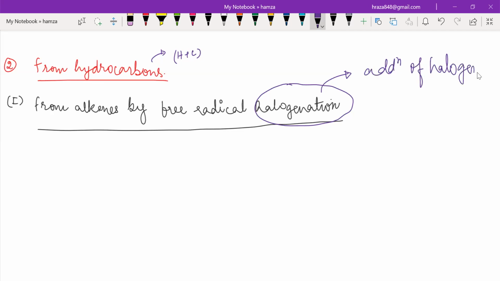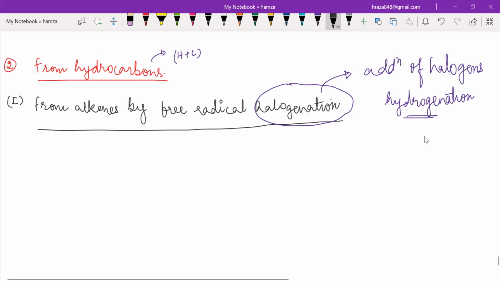If the term is hydrogenation, what will it mean? Nafisa, if halogenation means addition of halogens, what does hydrogenation mean? Addition of hydrogen.